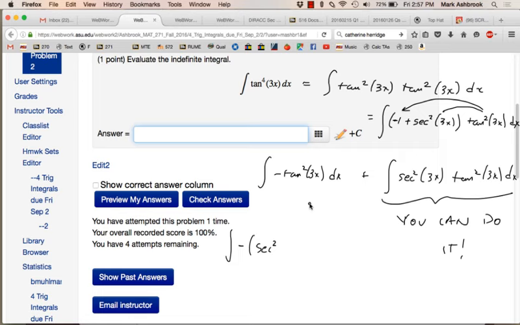The derivative of tangent is secant squared. So that doesn't work. But tangent squared equals secant squared minus 1. And I think that does it. That's just the opposite of that. So that's the roadmap for that one.